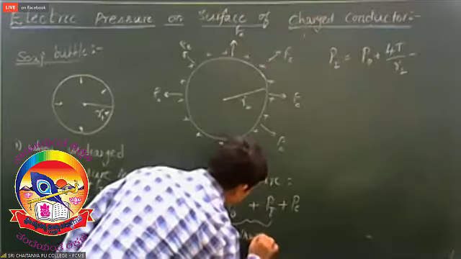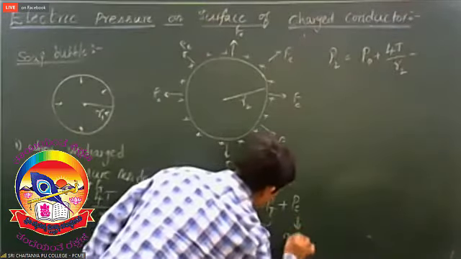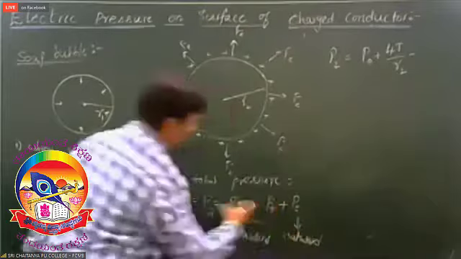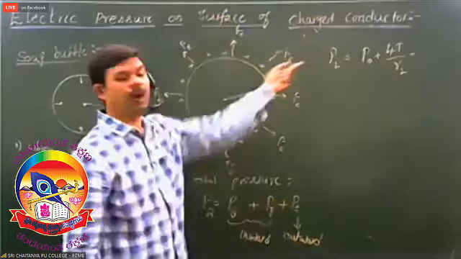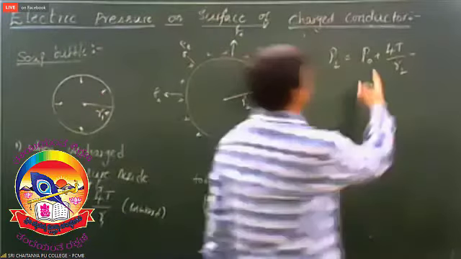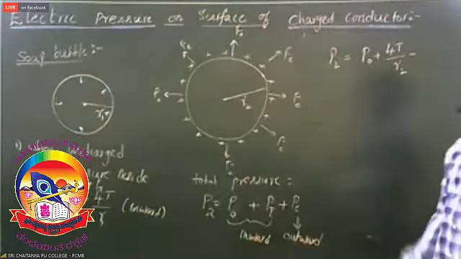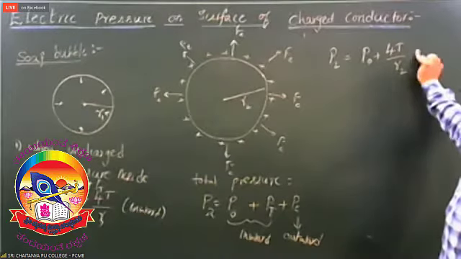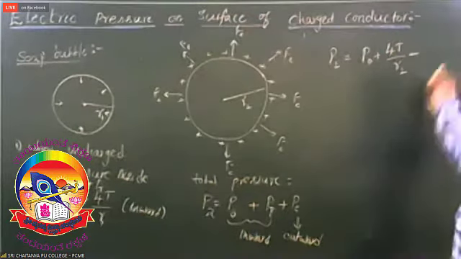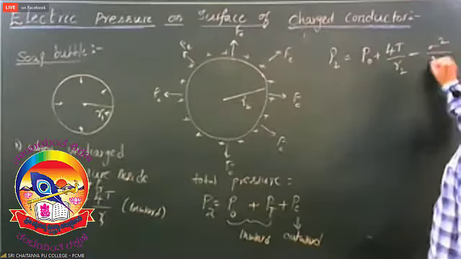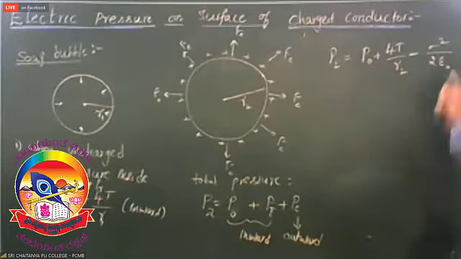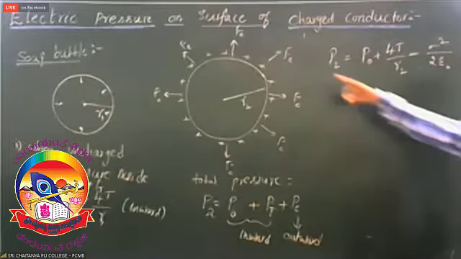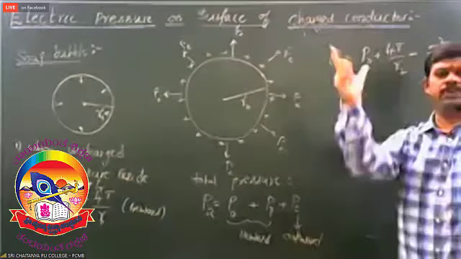Why minus? These two are inward, this is outward. This sum is inward, this electric pressure is outward, right? So 4T by R, the difference, minus sigma square by 2 epsilon naught. This is the pressure, right? If the effect of this pressure is more, surely it expands.